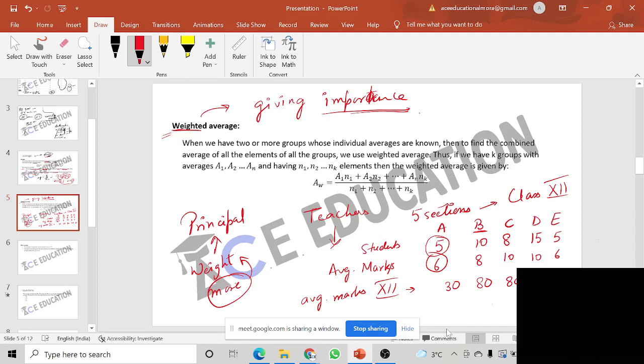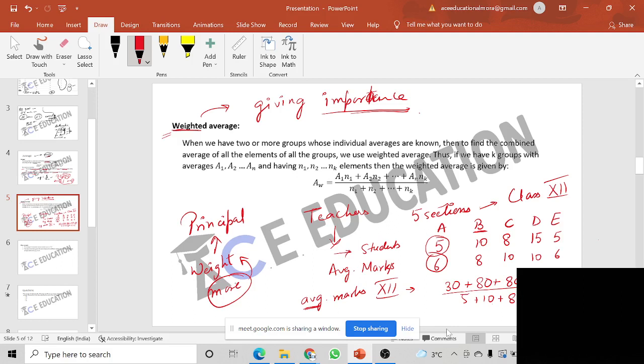So the total marks obtained by the entire class 12th would be the addition of all of these, right? Because I have to find the average and I have the total marks of class 12th, I need the number of students of class 12th. The number of students would be 5 plus 10 plus 8 plus 15 plus 5. So this is weighted average.